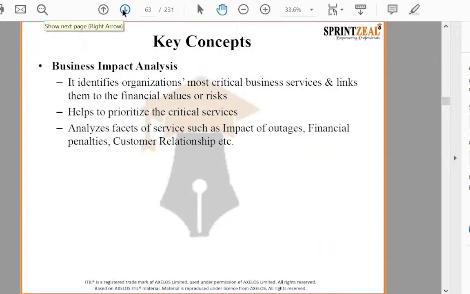So not only are we identifying which services are critical, we're identifying which are the most critical of the critical services. And then it's analyzing the facets of services: financial penalties if we miss SLAs, if we don't deliver on time, if the customers are unsatisfied, etc. Customer relationships, referrals, company reputation. So that business impact analysis is analyzing all of your most critical business services and what that means in the market.